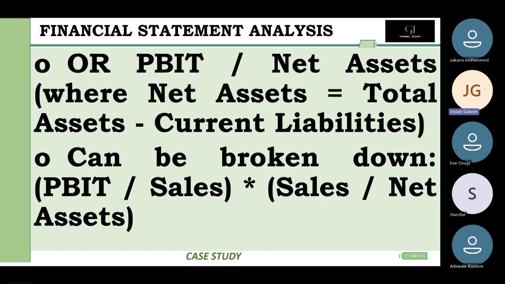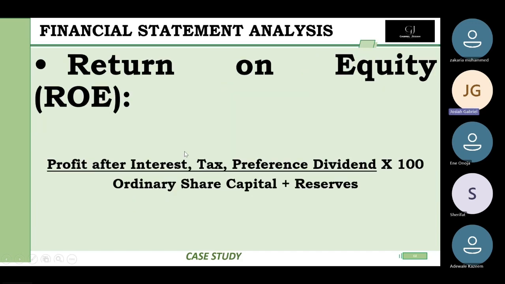We'll be looking at this graphically when we come to an example of one of the past questions we'll be treating subsequently. So the return on equity speaks to your profit after tax. So this is inorganic because you've deducted all the necessary expenses, including special covenants, that is preference dividends. So return on equity speaks to after tax, is inorganic, and you are not looking at external funding or capital.